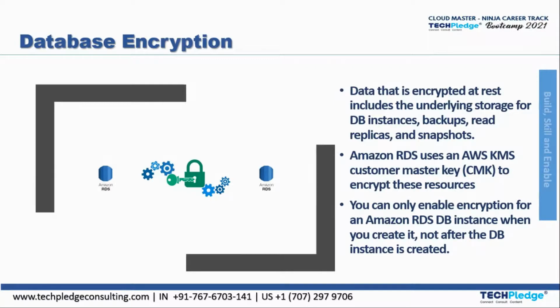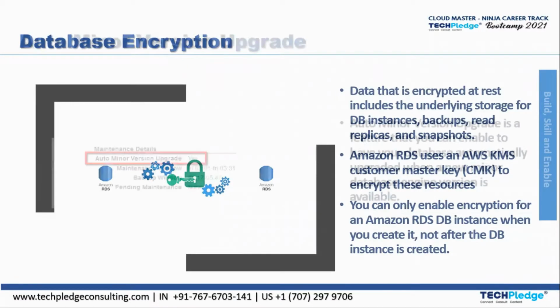You can only enable encryption for an Amazon RDS DB instance when you create it, and not after the DB instance is created. So this is all about database encryption.